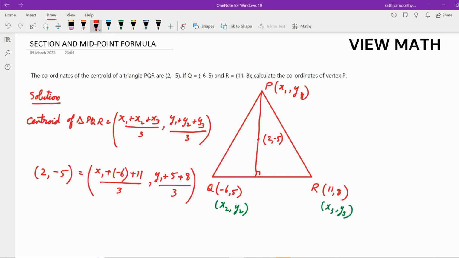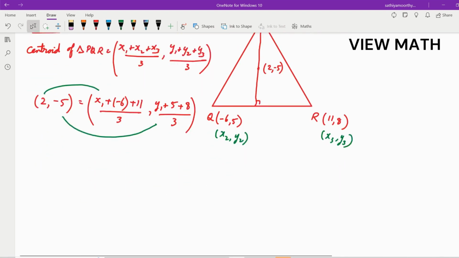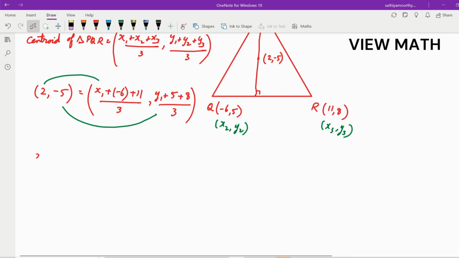So now I'm going to equate the x coordinate and y coordinate to find out x1 and y1. Let me equate it. 2 is equal to x1 minus 6 plus 11 by 3.